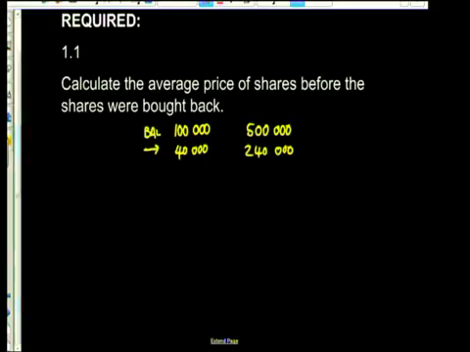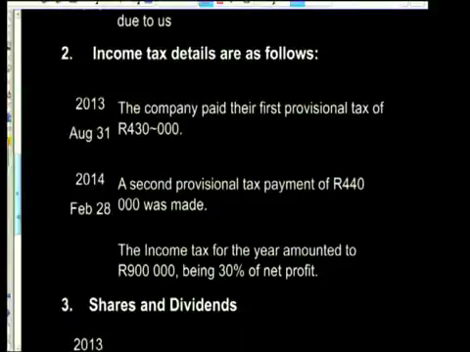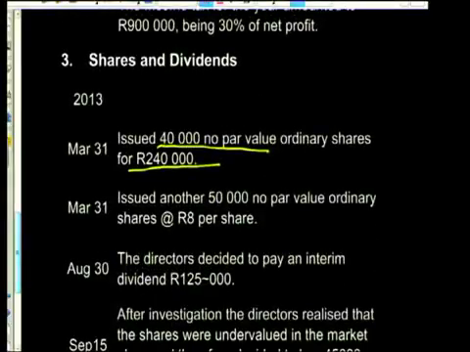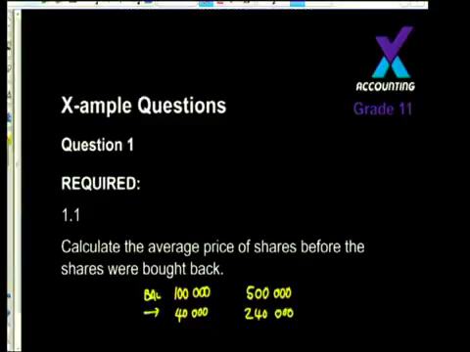Let's go back and see more information regarding shares. Here goes. We issued another 50,000 no par shares at 8 Rand per share. Obviously, when we do that, what are we going to say? 50,000 shares.